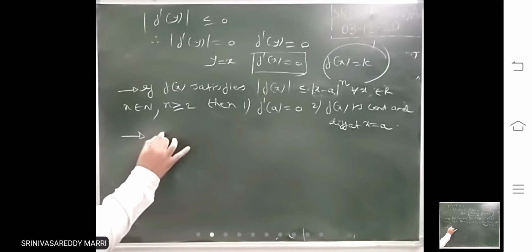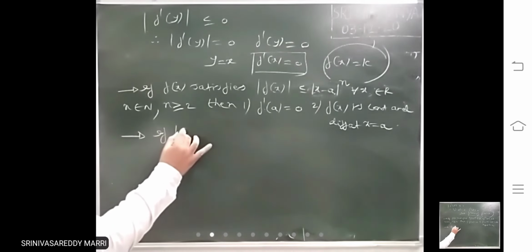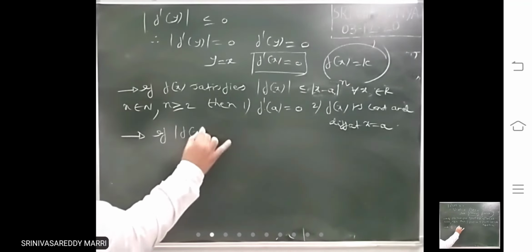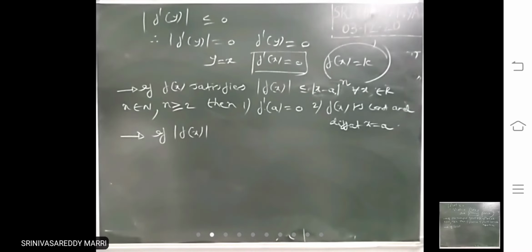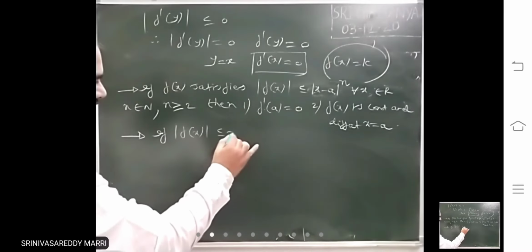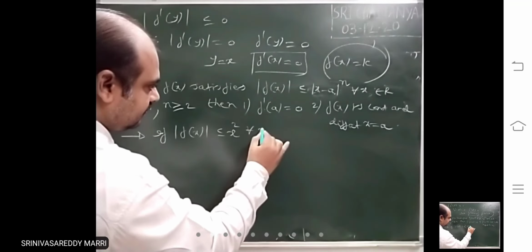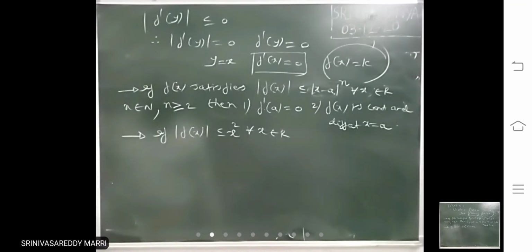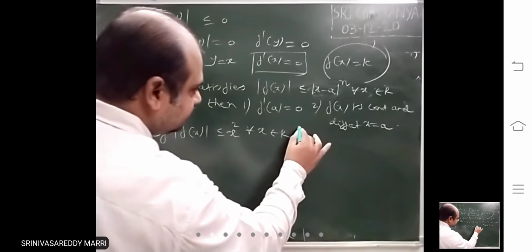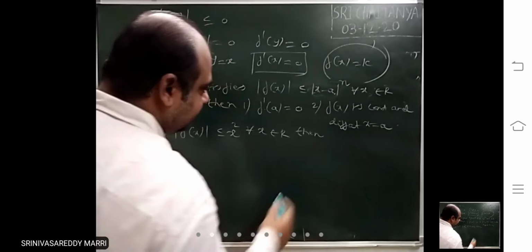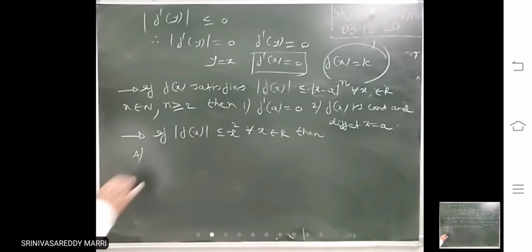If modulus f of x is less than or equal to x square for all x belongs to R, then look at the options.